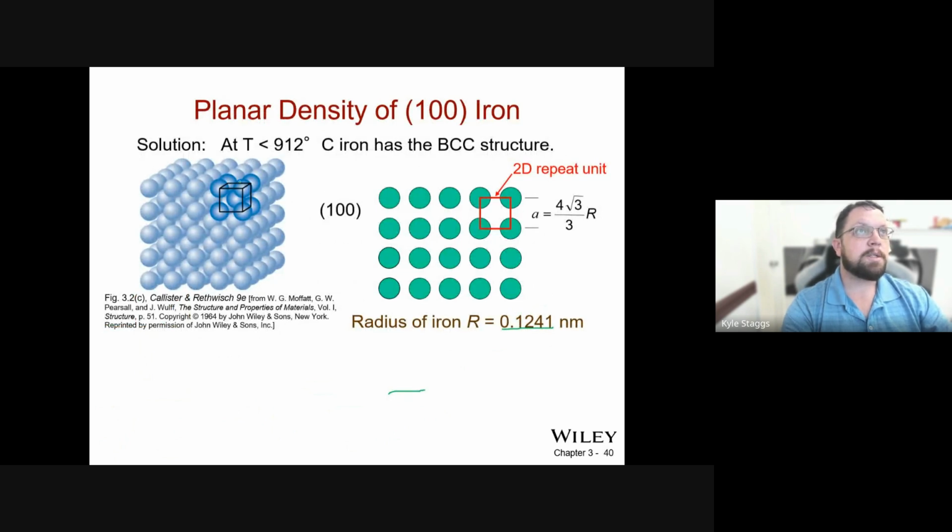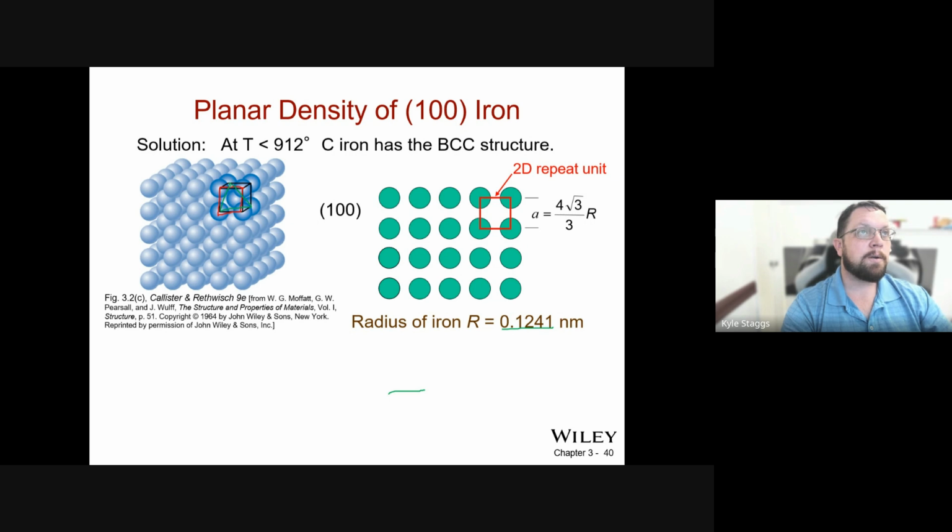We're still in the BCC structure, but where we were doing just this plane as a 110, now we're going to do a plane that goes up and down and back.